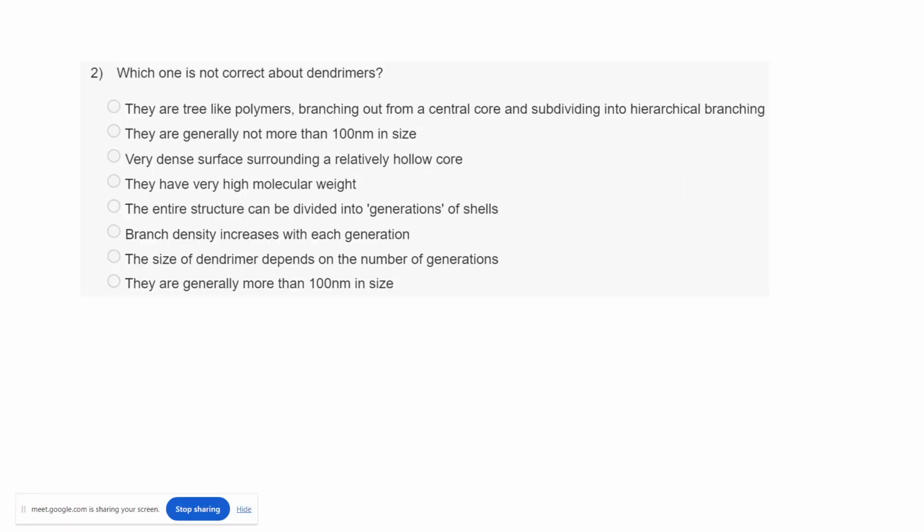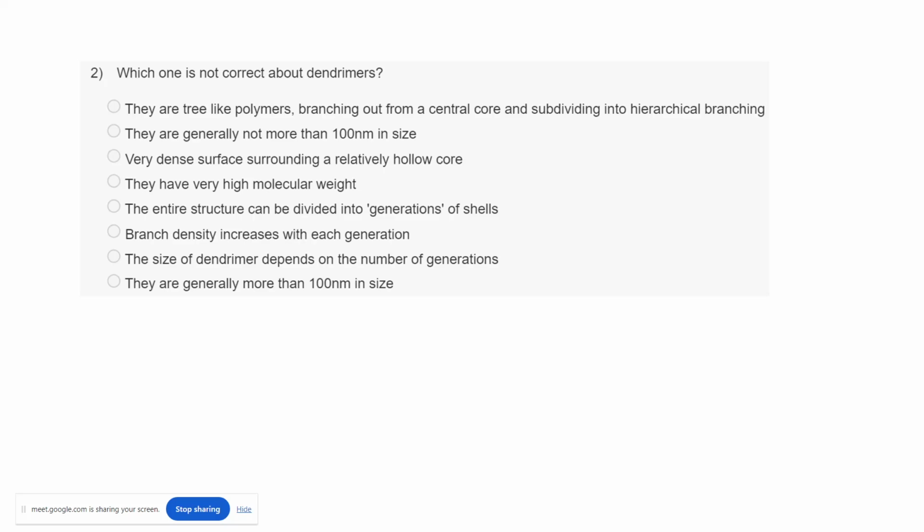Which one is not correct about dendrimers? The size of dendrimer depends on the number of generations. Anyone else has any other answer?